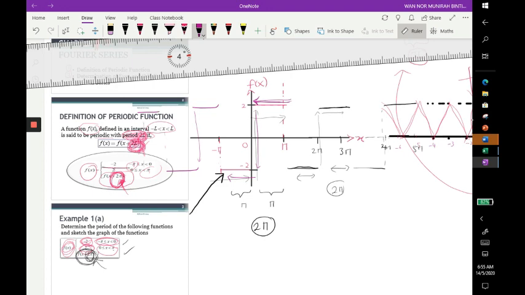So the function is like this. When you go to the left, you have here, here, here, here. So that is how you copy and paste the function.